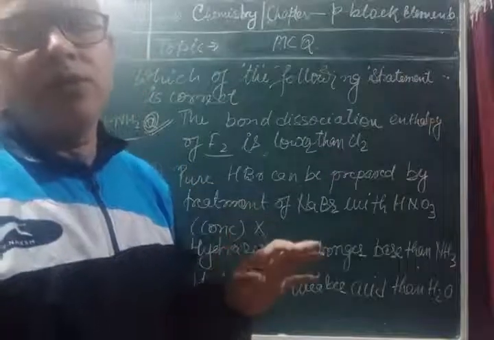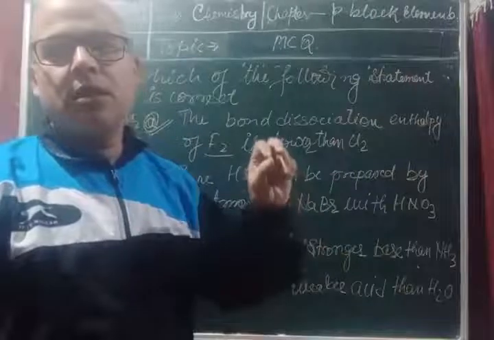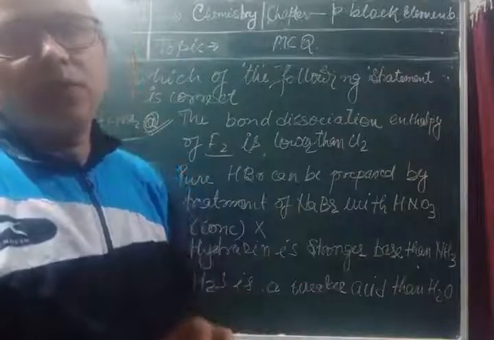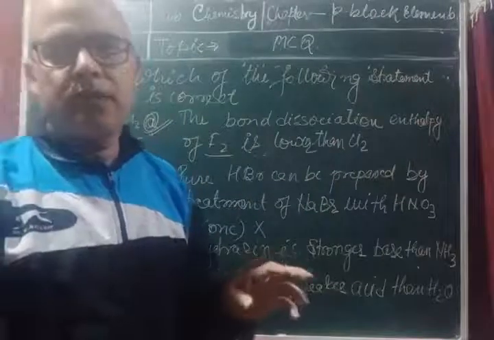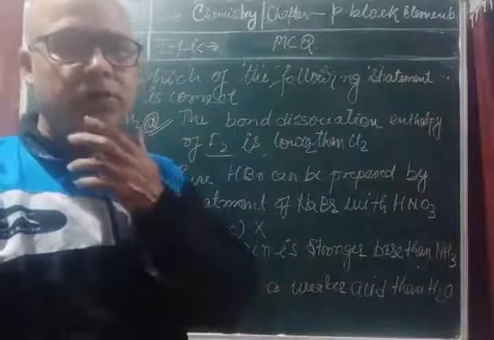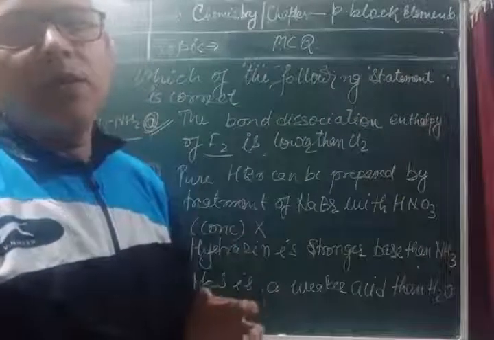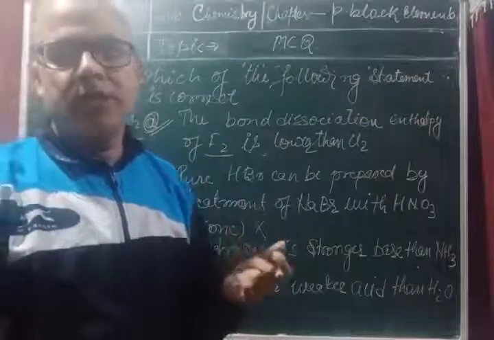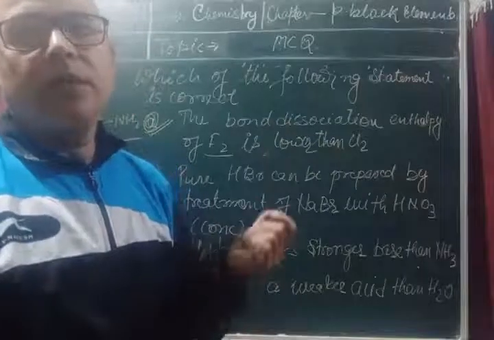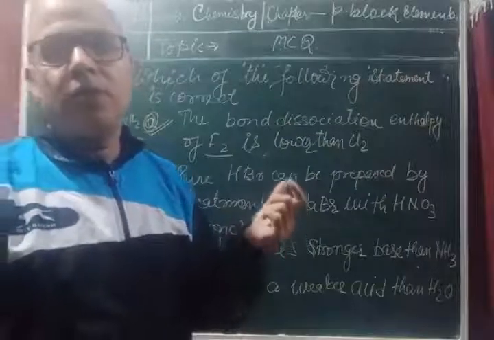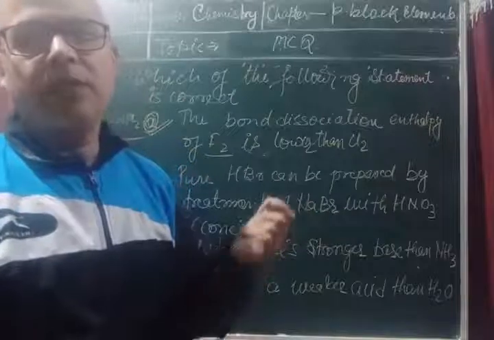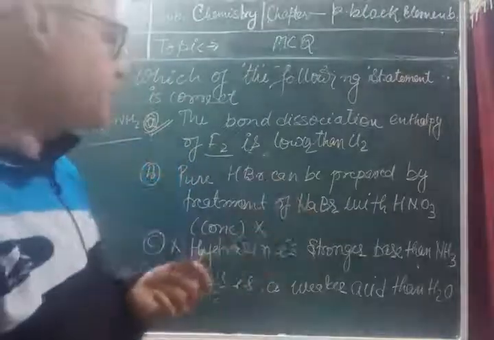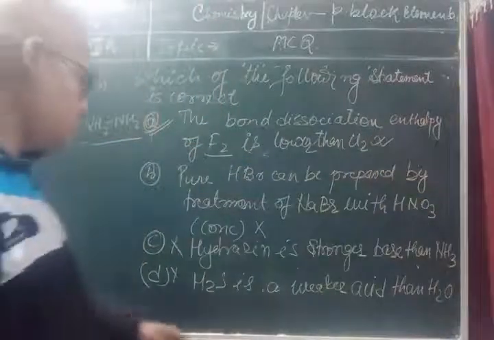Therefore, its bond dissociation enthalpy is smaller than Cl2. As you know, it is the most electronegative element in the group, so there will be electrostatic repulsion between two fluorine atoms, and so low bond dissociation enthalpy in comparison to Cl2. This one is the exception. So this option is the right option. Okay.